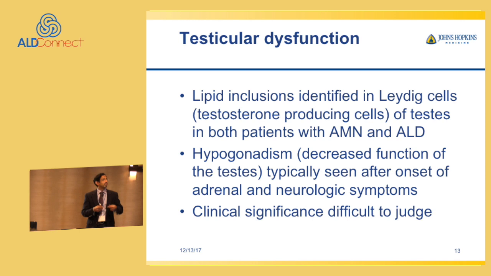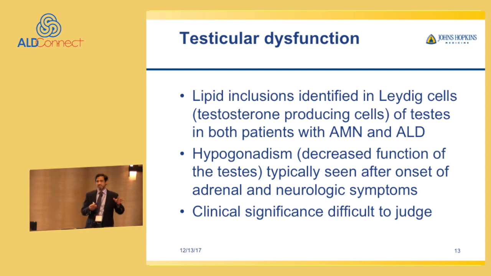And these inclusions have been found both in patients who have AMN as well as ALD, so really in all phenotypes of the disease. And hypogonadism, that's the word we use for decreased function of the testes, is typically seen after the onset of either adrenal and neurologic symptoms. So usually we think of it as a relatively late occurrence.